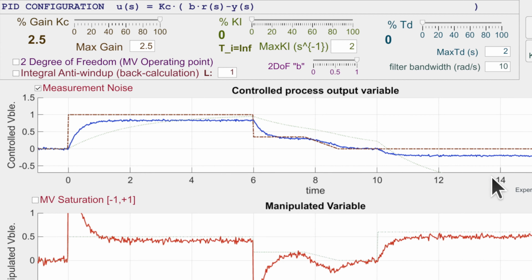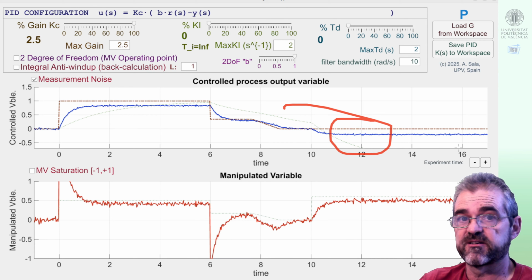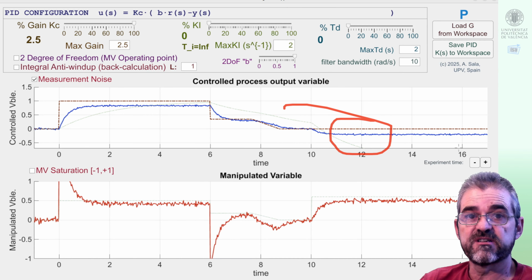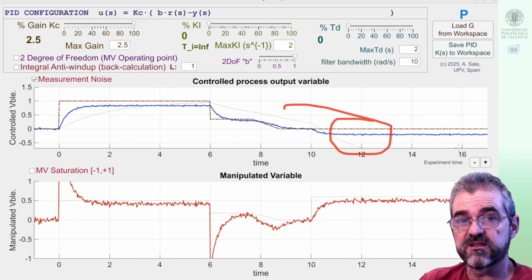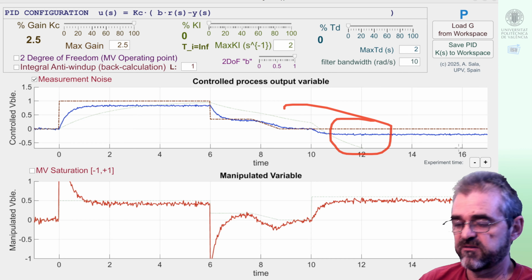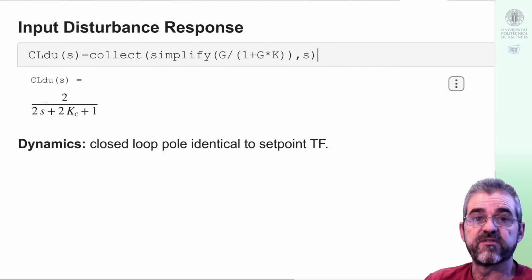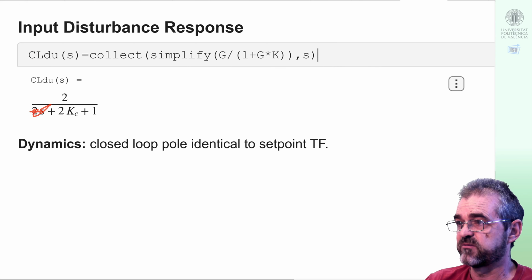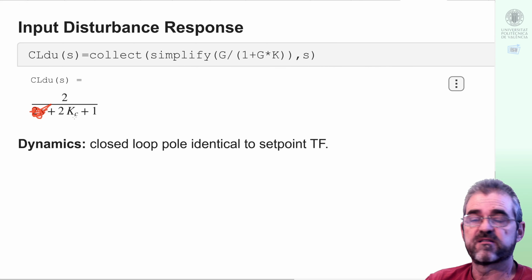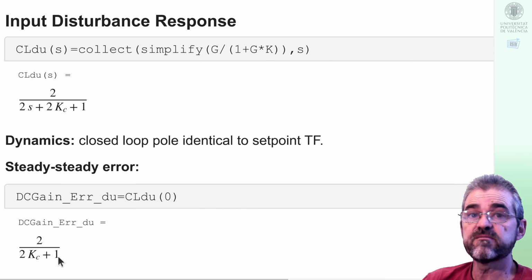So the only thing that we need to compute in first order systems is the final value, because a first order system does not oscillate, so it goes from an initial point to a final point exponentially, and once we know how long it takes to reach the new equilibrium, then we need to compute its value. So we will use the DC gain of these transfer functions, which will amount to replacing s equal to 0 in the transfer function. So this will be the DC gain. Here we have it.